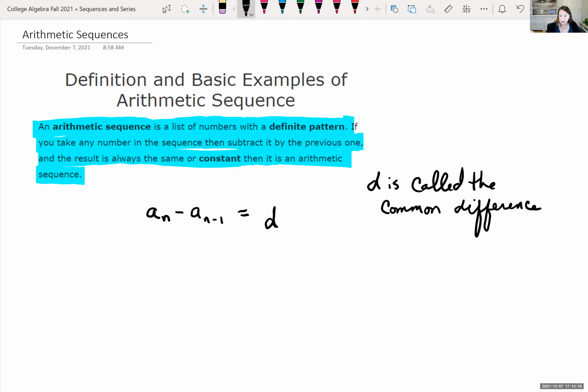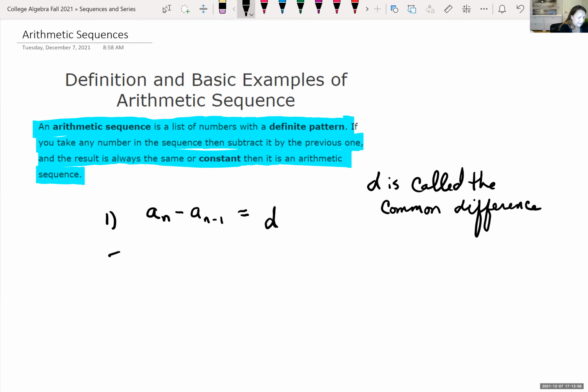Okay, this is one of our formulas for an arithmetic sequence. Let's use this formula to help us find some other formulas. Before we do this, let's say I wanted to find a sub n.